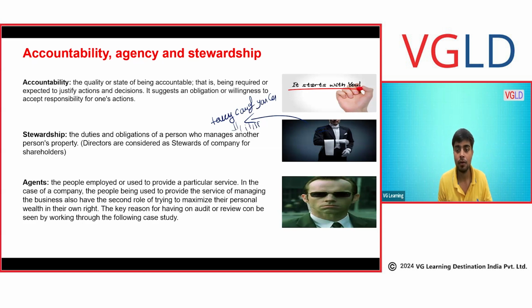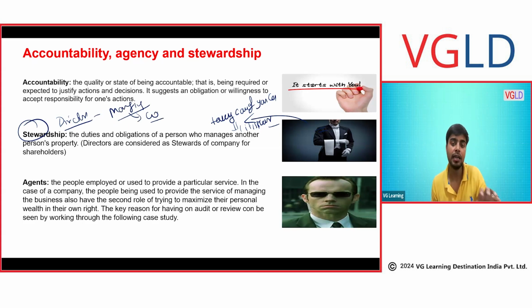So this stewardship theory says that directors are responsible for managing the company as their own. Okay, they are supposed to put effort into the company as much as if they had put in their own money. That is basically what the stewardship theory says.